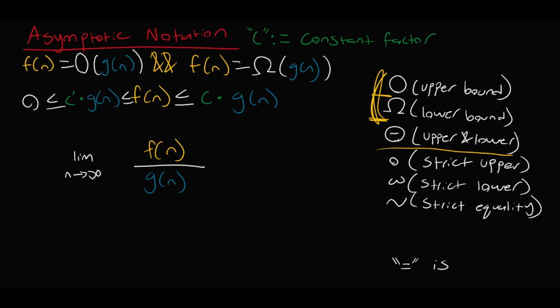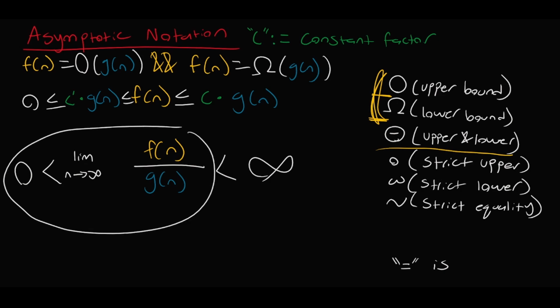As n approaches infinity, as we saw with our upper bounds, the ratio gets smaller and smaller as g dominates. But it's also the lower bounds. So we include the behavior of our lower bounds, where f was dominating, going bigger and bigger.